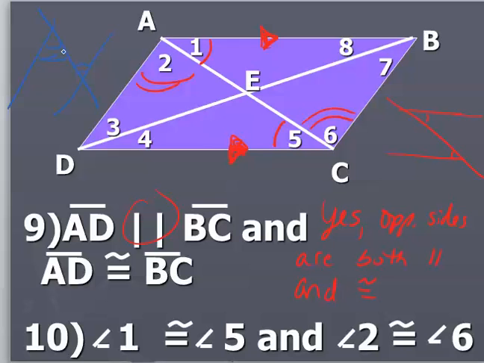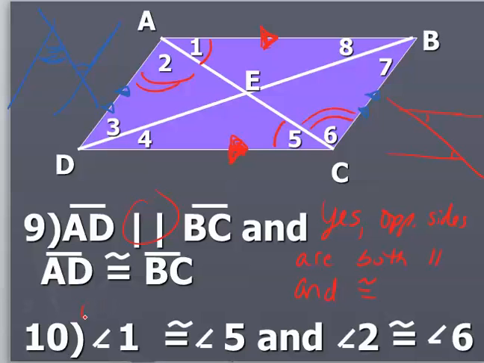Because that's the transversal, the line that touches both the sides and forms these two angles. Since those two are congruent, those are alternate interior angles, that is enough information to say that segment AD and segment BC are parallel. So using what I know about parallel lines, those are alternate interior angles, by the alternate interior converse, we can say that the sides are parallel. Then yes, this is a parallelogram.